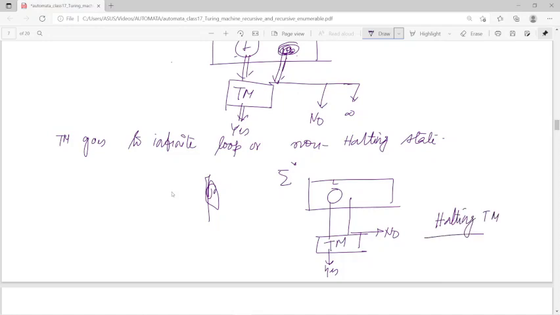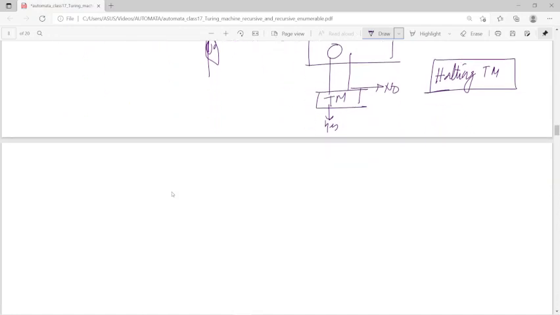A halting Turing machine means your Turing machine will always halt, right? So a language for which there is a halting Turing machine is called a recursive language. That is a simple thing.